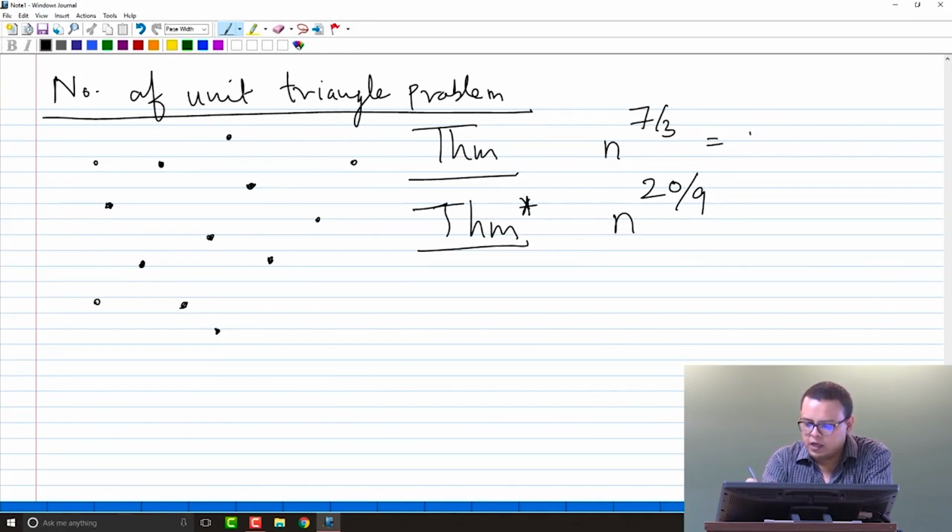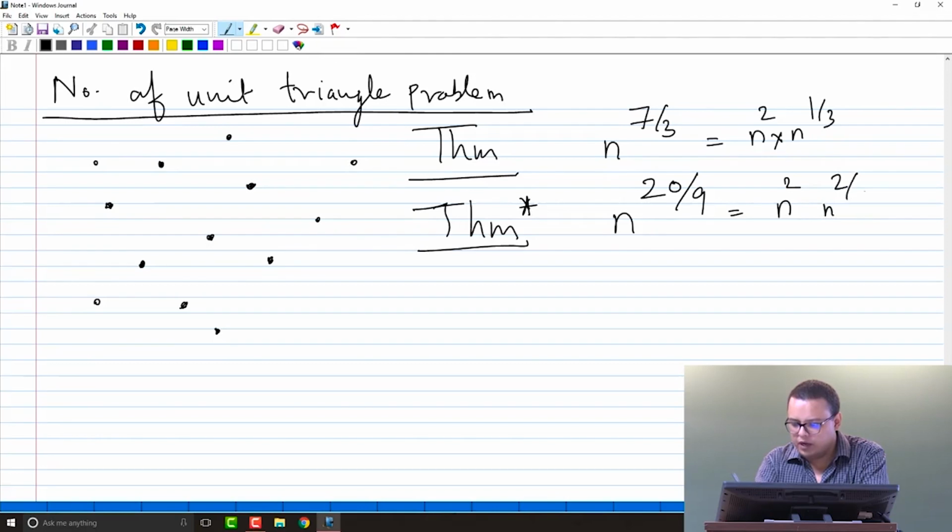So this is basically n square times n to the power 1/3. This is now n square times n to the power 2 by 9. So this is an improvement. They showed the number will be at most this. It has been improved to this now. Very recently, I think a 2016 paper.